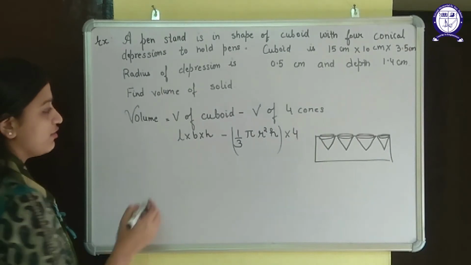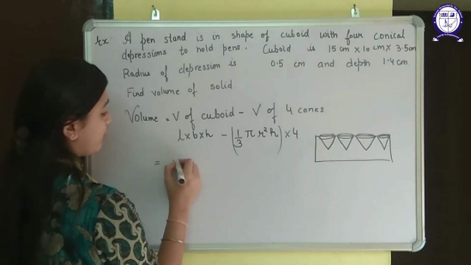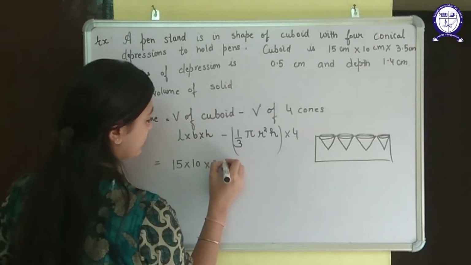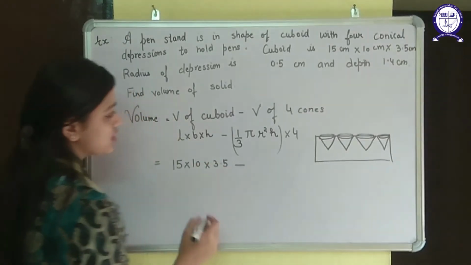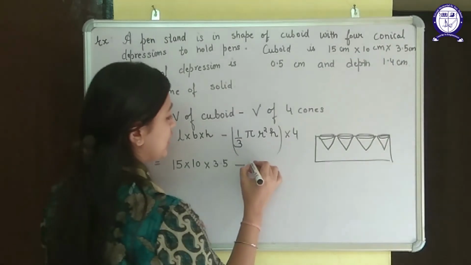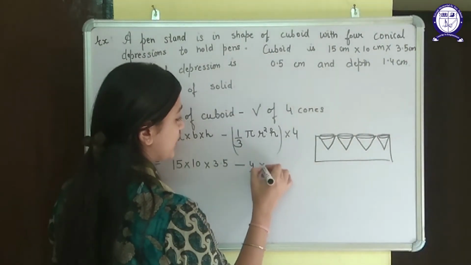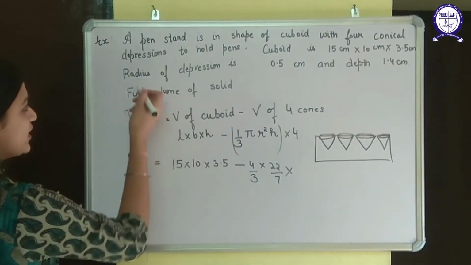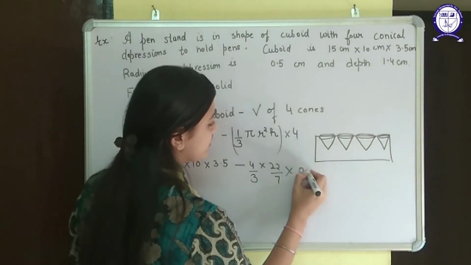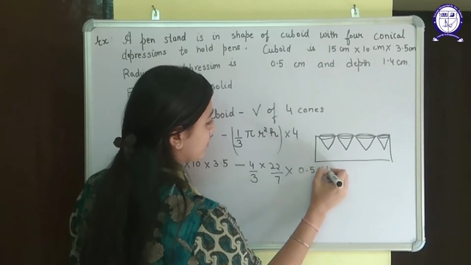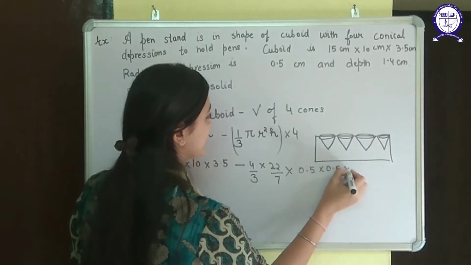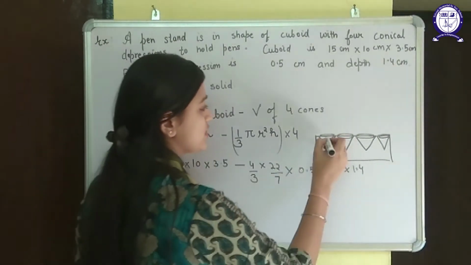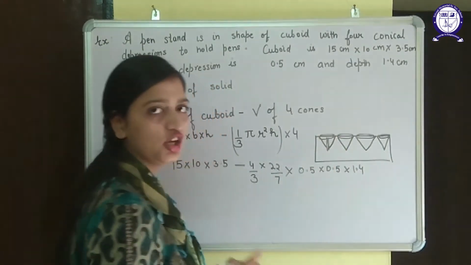So now let's put the value. 15 into 10 into 3.5 minus, this is 4 upon 3, 22 upon 7. Now what is the radius? Radius is 0.5 and height is 1.4. Okay, depth means the height. This is the height of the cone.